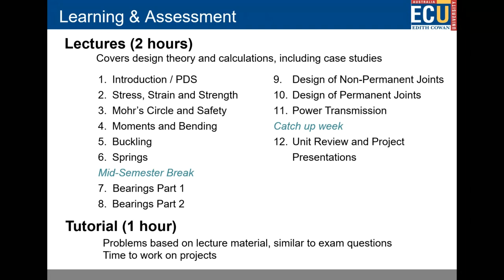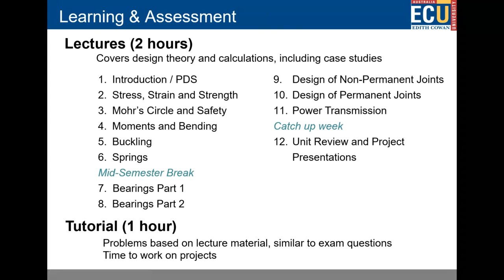Okay, so the lectures that we've got is obviously lecture 1. We've got an introduction, and we'll go through a bit of the PDS, product design specification, you'll see shortly. We'll go through stress and strain and strength, Mohr's circle and safety, moments and bending, buckling, springs. We'll have mid-semester break. Then we'll return with 2 parts of bearings, so bearings part 1 and bearings part 2.